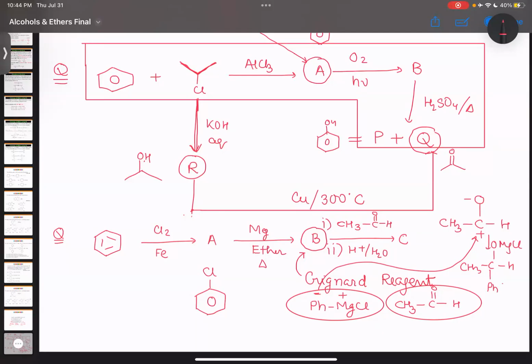And once you add water, what will happen? H plus, H2O. What will happen? This O minus will get converted to OH.